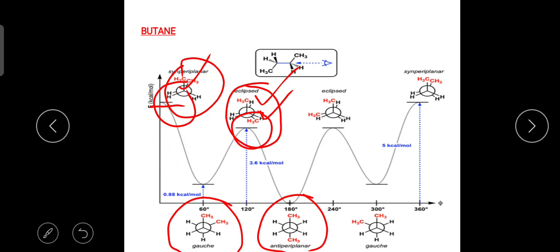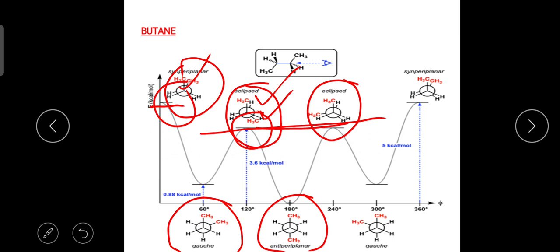And again, if we rotate this molecule 60 degrees, then it transfers into partial eclipse structures, and the energy of these partial eclipse structures is quite similar to the previous one, because they have the same conformers but differ in their angle.